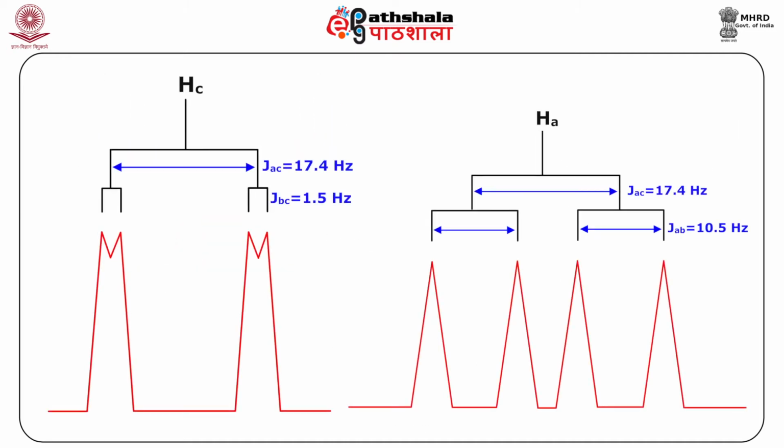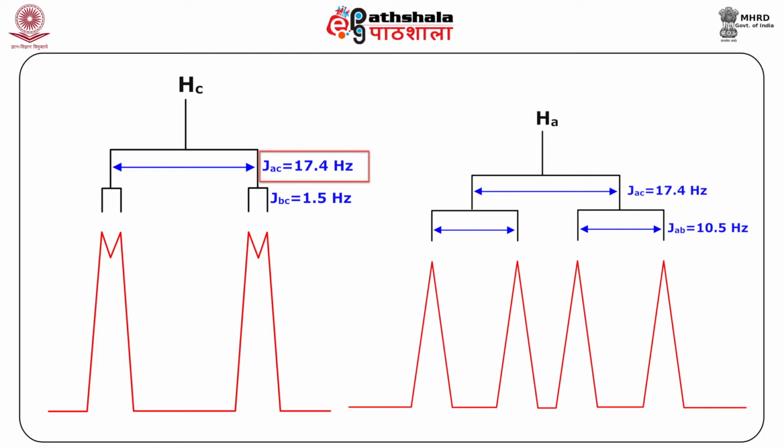HC is trans to HA across the double bond and splits the HC signal into a doublet with a coupling constant 3JAC equal to 17.4 Hertz.